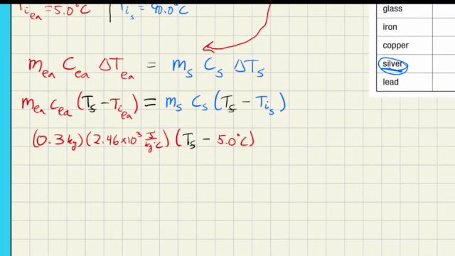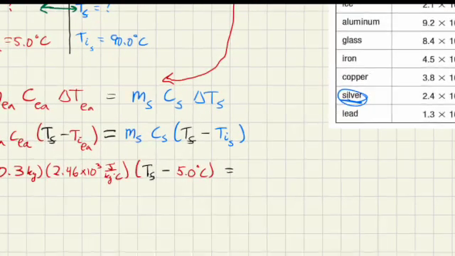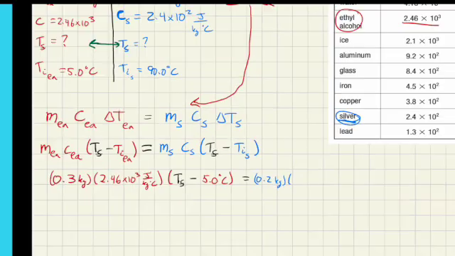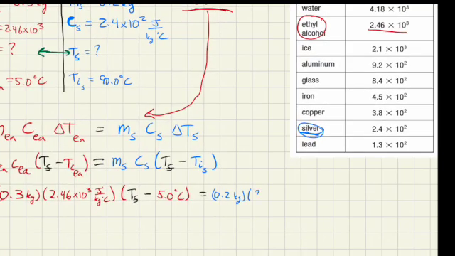Now, all of that is going to equal our mass of silver, which was 0.2 kilograms, multiplied by our specific heat capacity of silver, which was 2.4 times 10 to the 2 joules per kilogram degree Celsius. And then all of that is multiplied by our final temperature minus our initial temperature of the silver, which was 90 degrees Celsius.